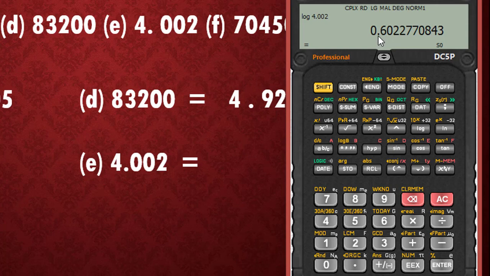Our mantissa starts after the decimal. So if you count 1, 2, 3, 4, we're supposed to stop here. So all we need to do is to approximate to this last digit of the mantissa. If we approximate to this last digit of the mantissa, these 2 will become 3. If you remember, the approximation of 7 will give 1. So if you approximate from here, this one becomes 8, and you approximate 8 to this 2, it will become 3. And we now have the final answer to be 0.6023.